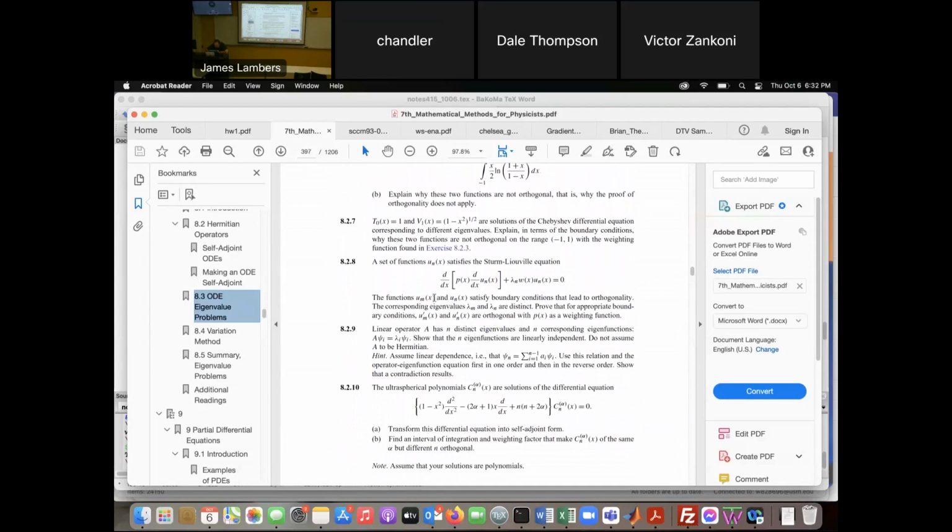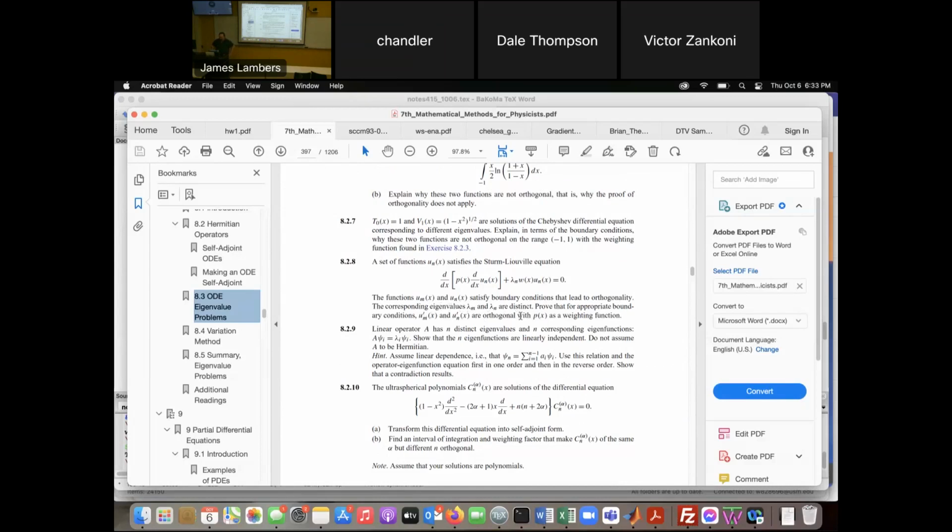The integral from a to b of u_m prime of x, u_n prime of x, times p of x. So that's the scalar product to start with. The goal is to show that that is equal to 0.